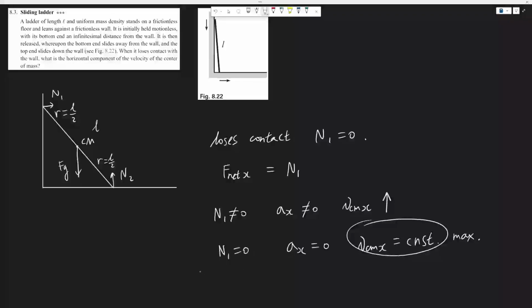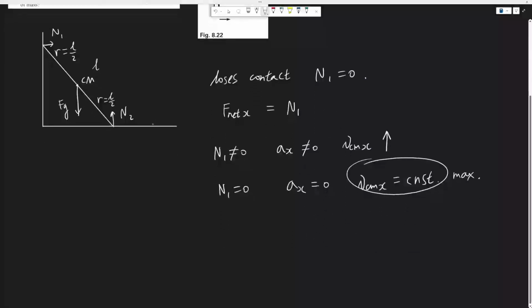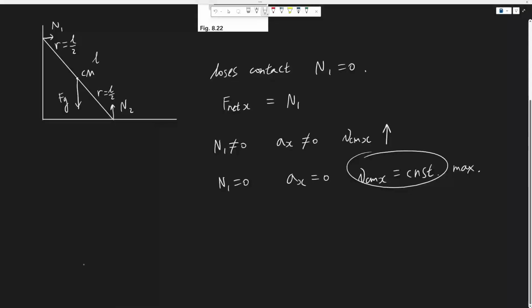So now our problem is, what is the maximum horizontal component of the velocity of the center of mass? And so let's try to find that. So this problem is actually quite complex if we just try to analyze the forces, because you will need to add a lot more constraints like x, let's call this x, and y.